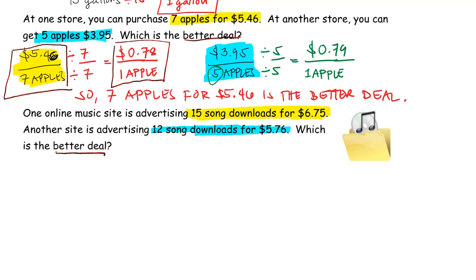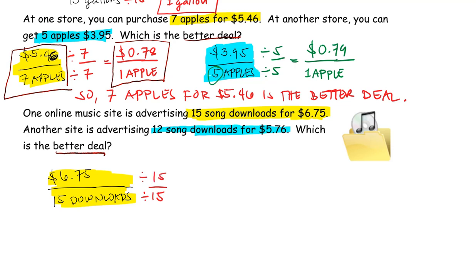So for the first one, we have $6.75 for 15 downloads. Okay, so this is my first rate. So again, to get the unit rate, I'm gonna divide this by 15 so that I'll get 1.